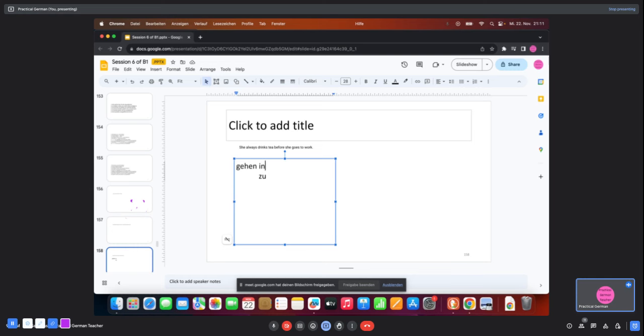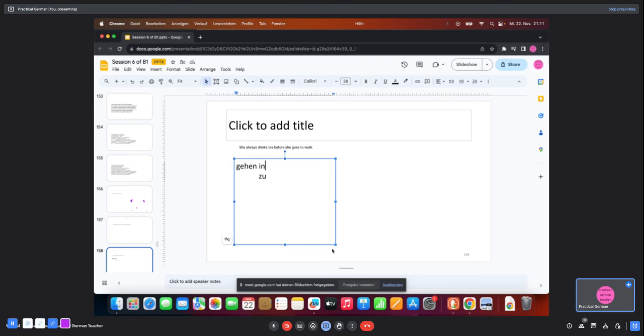If I call you and I say, ich gehe ins Fitnessstudio, that means I will be going inside the fitness studio, inside the gym. If I say, ich gehe zum Fitnessstudio, it means I will be just going in the direction of the fitness studio. Maybe I have something nearby that place. I'm going in that direction.